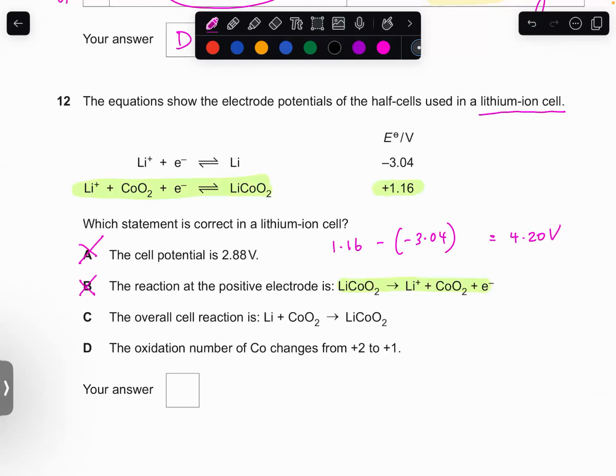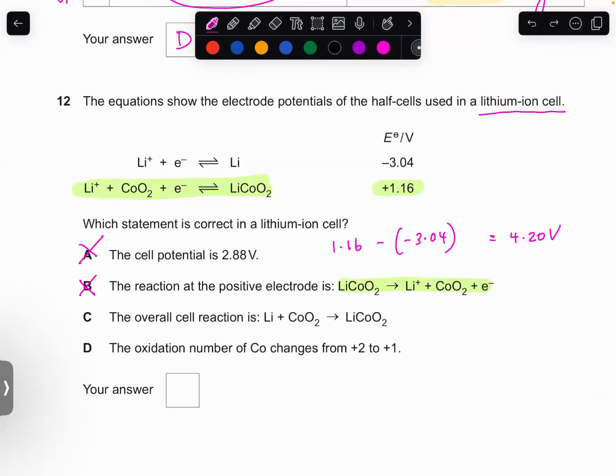The overall cell reaction is LiCoO2, which is these two, and goes on to give you... wait a minute, what's going on here? Yeah, it's not this one.